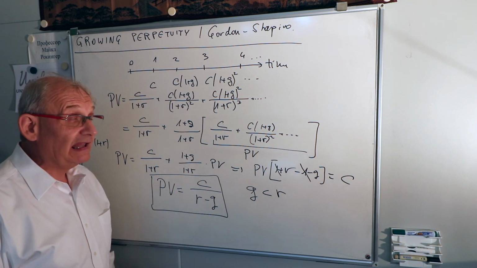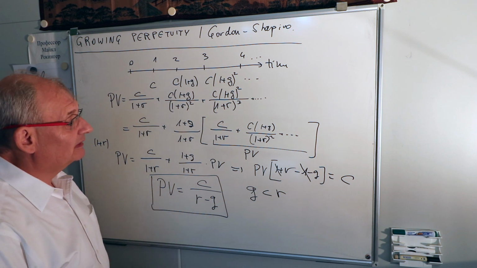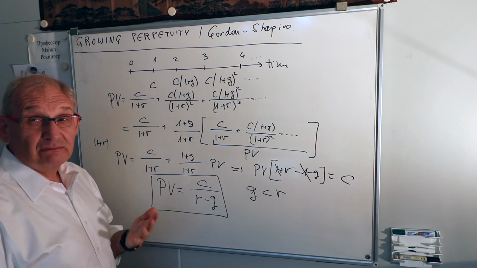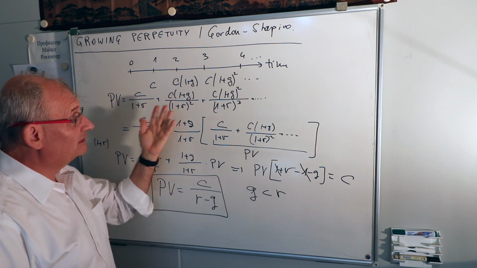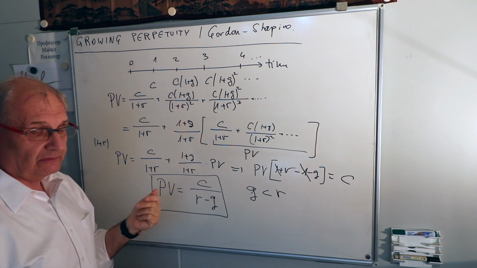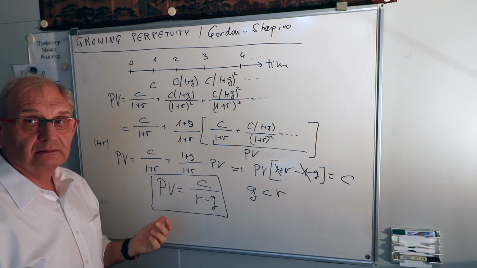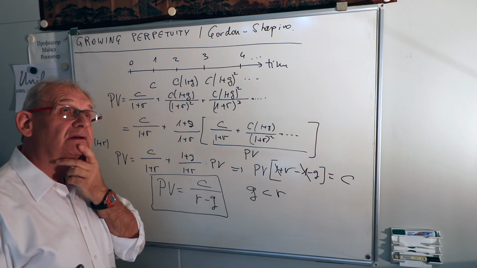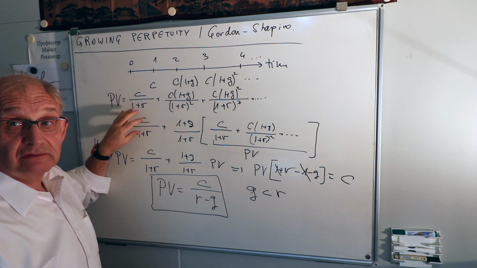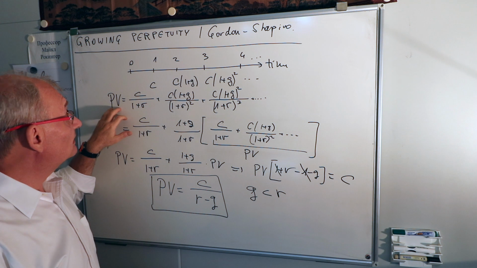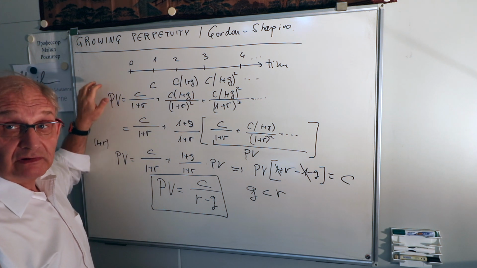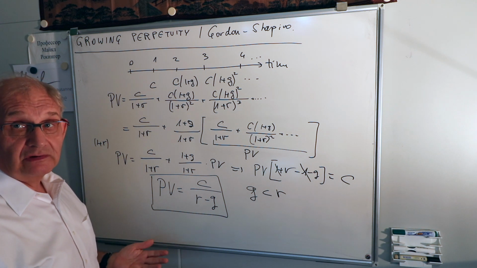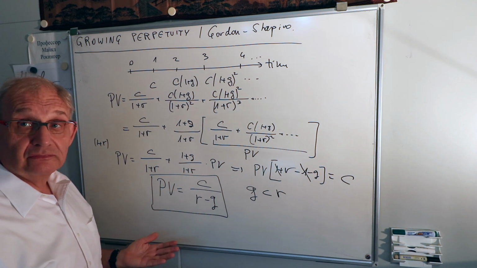If you don't like this explanation, there would be an economic explanation. Suppose now that you have an opportunity where the growth rate is really very fast, much faster than somehow the interest rate that would apply to this. In that case, what would you expect? We have here an opportunity with a very high growth rate. Everybody would like then to purchase this investment, which would mean that the price of this investment is going to be driven up, and it's going to become so high that nobody can afford it anymore.